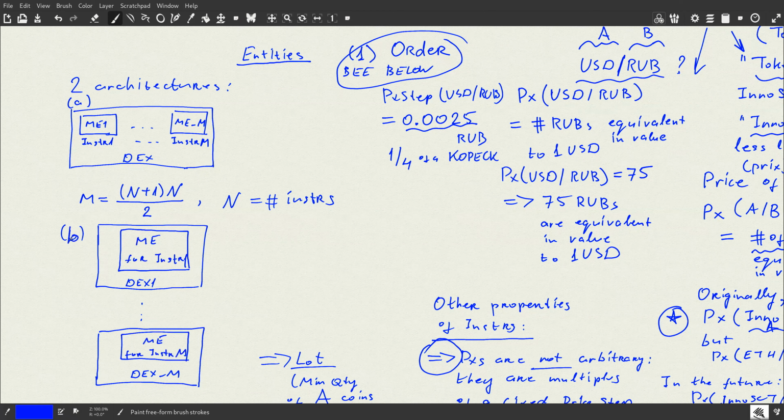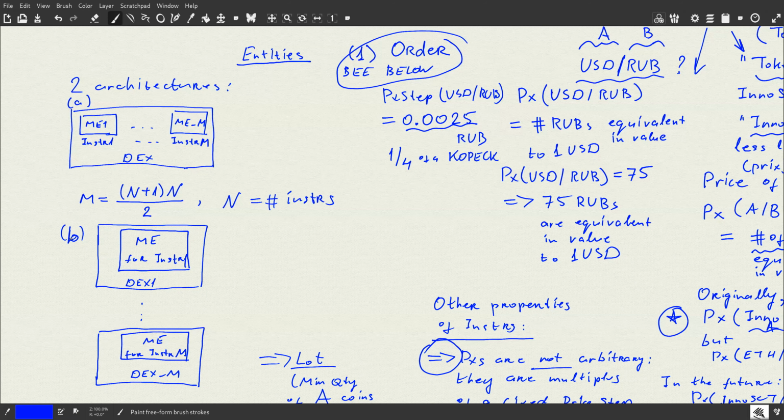From the flexibility point of view, suppose that we introduced yet another coin. In architecture A, if we introduce yet another coin, then basically our original smart contract needs to be replaced. Whereas in architecture B, if we introduce yet another coin and we need more matching engines to trade that coin, then it is very simple. We simply deploy extra smart contracts.